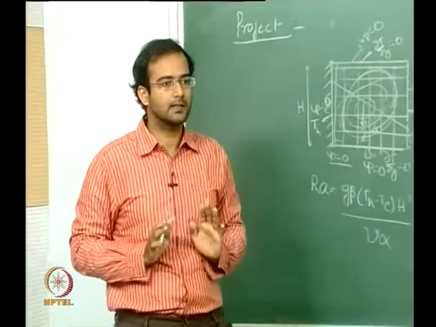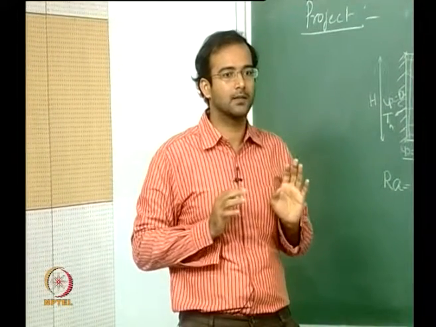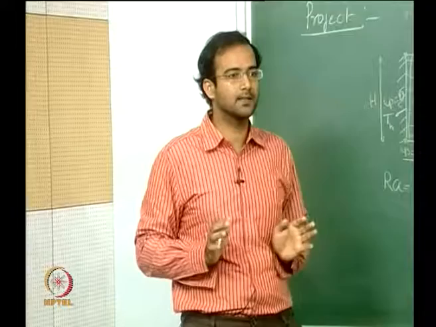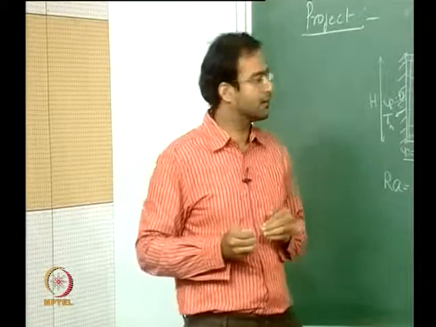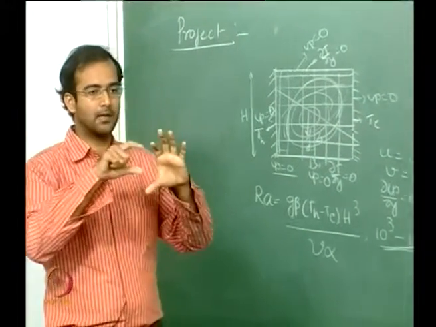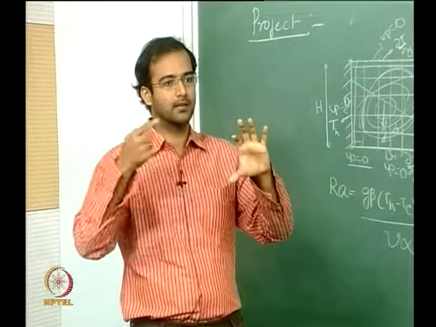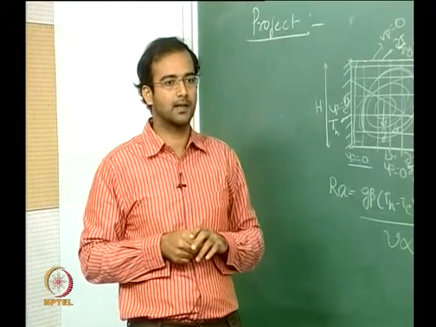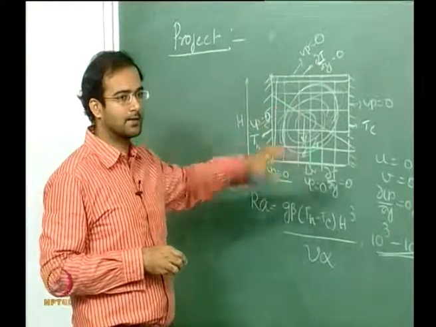Finally you get a resulting set of algebraic equations which you solve by any method, whether you consider this as a matrix and use inversion methods or do it iteratively. Here you can do a very iterative solution which is going to take only a few lines of code, do loops where you just keep iterating till the convergence criteria is satisfied, and then you can plot the results for streamlines.